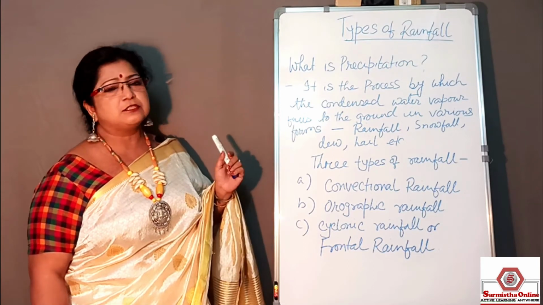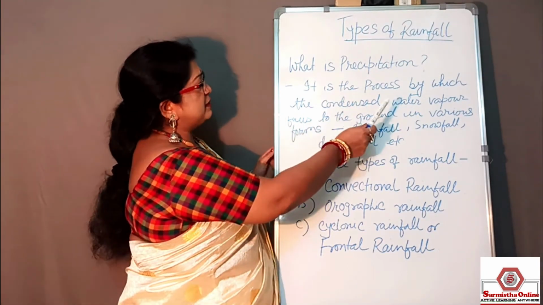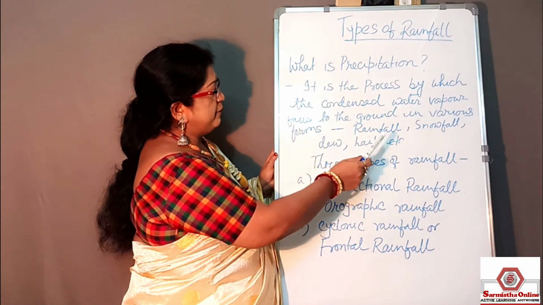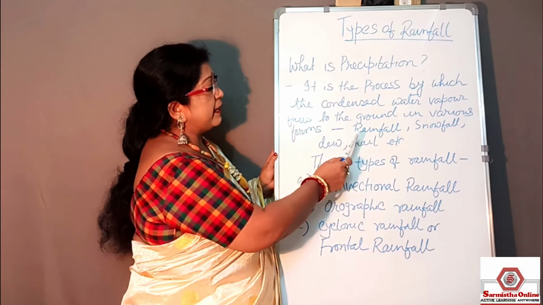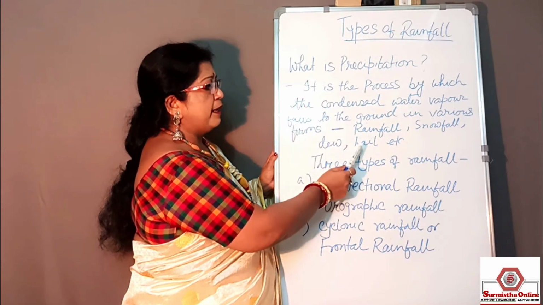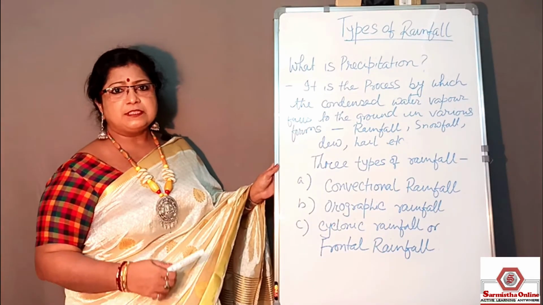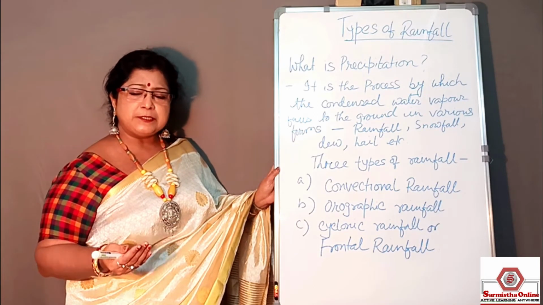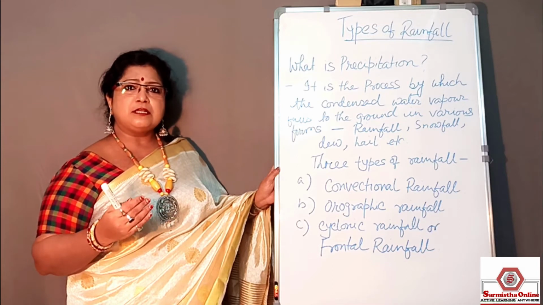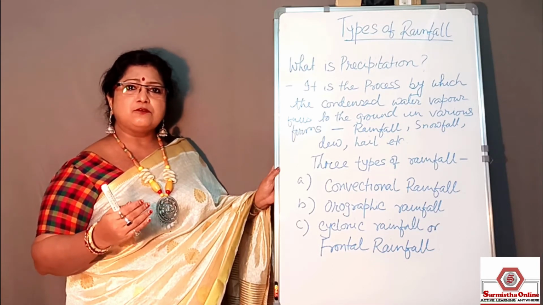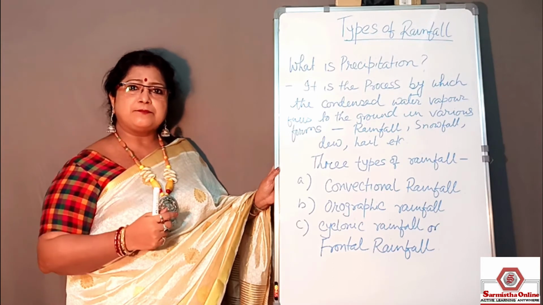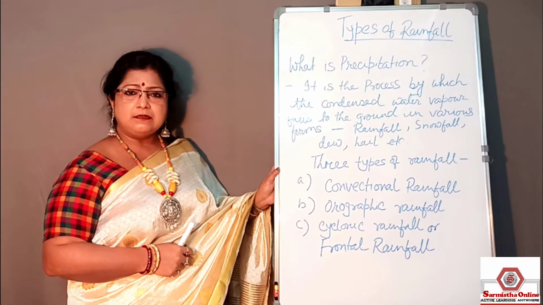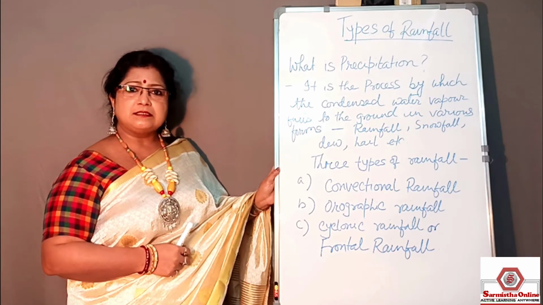What is precipitation actually? It is the process by which the condensed water vapor falls to the ground in various forms like rainfall, snowfall, dew, hail, etc. First, evaporation takes place from the land and water surface due to the presence of heat, and the convectional current, which is a vertical current, goes to the upper layer of the atmosphere in high altitude and comes in contact with the cold air, and that's why condensation takes place.